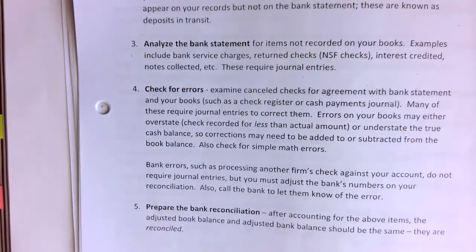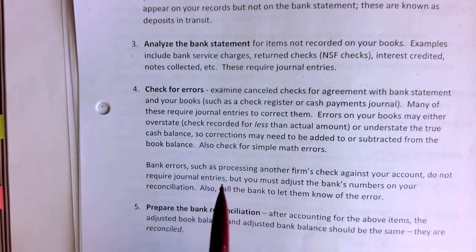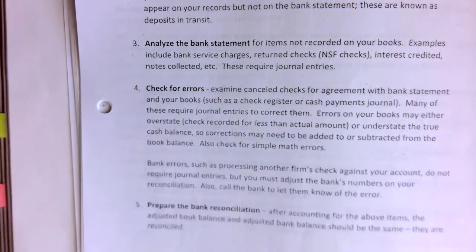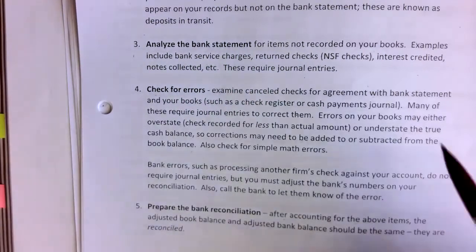We didn't account for that check because we didn't write it in the first place, but the bank has subtracted it from our account. So it's easy to go through and crunch all the numbers and get it to balance, but don't forget, call the bank and tell them, hey, you took $8,000 out of our account for this check that has nothing to do with us. So put the money back in the account. They'll double check and make sure everything's legit and give you the money back. But do check those.